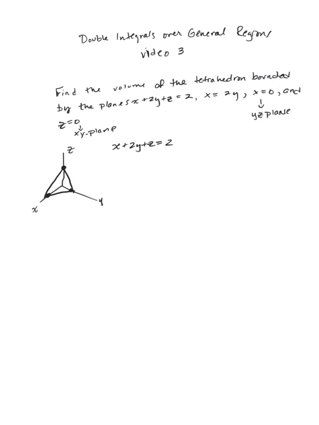So let me get a different color pen. Okay, that is the YZ plane. That would be a face of this tetrahedron. So then we have the XY plane.